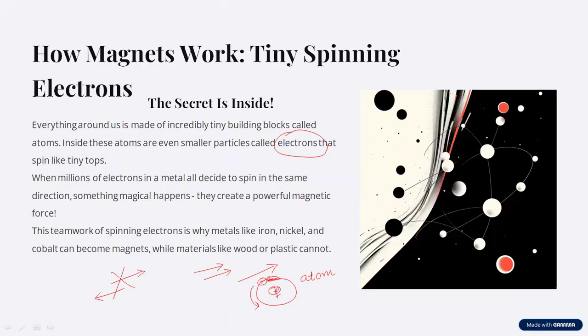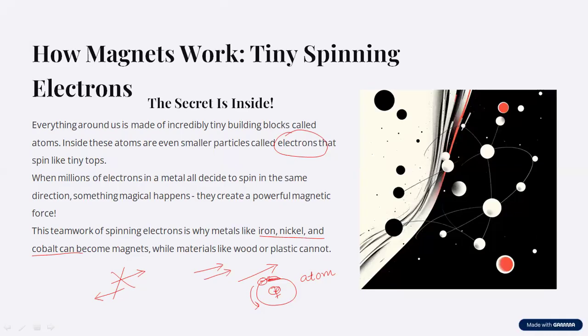Okay. So when millions of electrons in a metal all decide to spin in the same direction, something magical happens and they create a powerful force. This teamwork of spinning electrons is why metals like we already discussed, iron, nickel, and cobalt, are very common magnetic materials. These are the materials which either get attracted by a magnet, or you can make a magnet out of them, right?